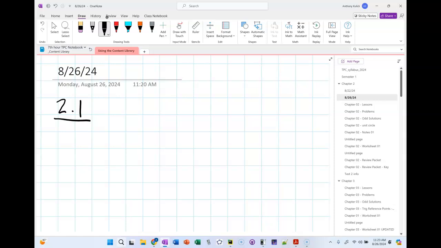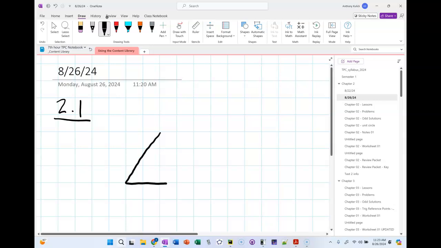So let's start by describing what we really mean by that. Let's say that we have some angle, and let's make the vertex of that angle the center of a circle.